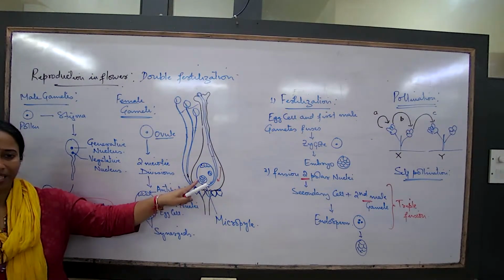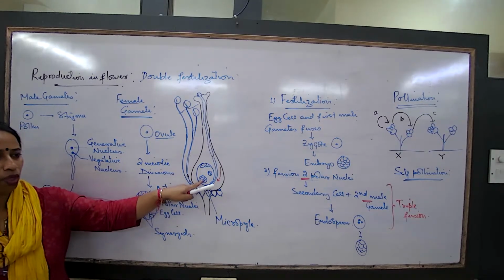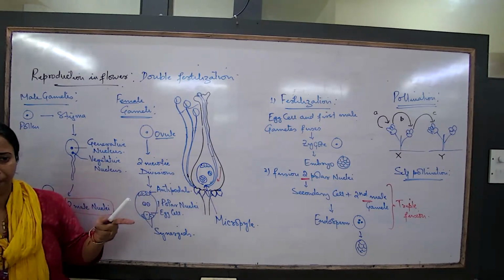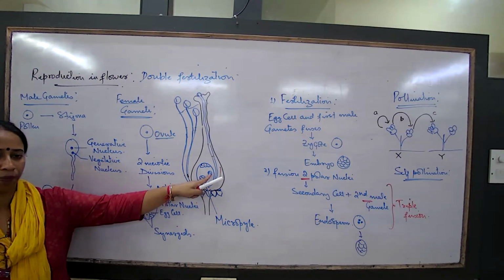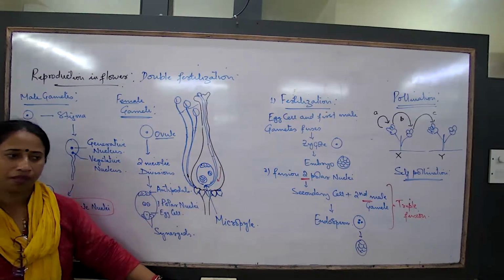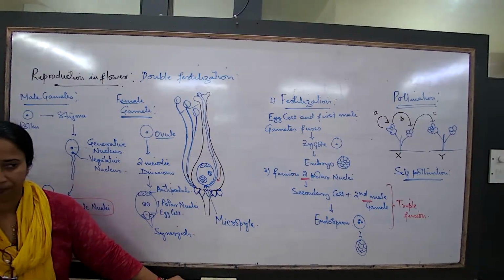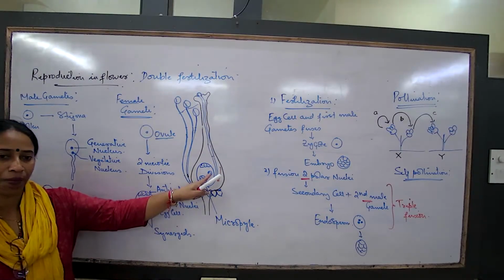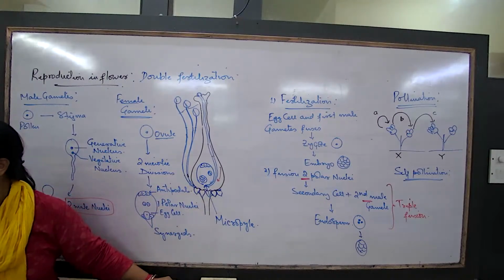If this plant is a dicot plant, then what will happen? This embryo will develop much faster and bigger. If it is a monocot plant, then this will develop much bigger and more prominent. Dicot means a type of plant which has two parts of a seed. Monocot means a type of plant which has only one part of a seed. The corn, the rice, monocot.